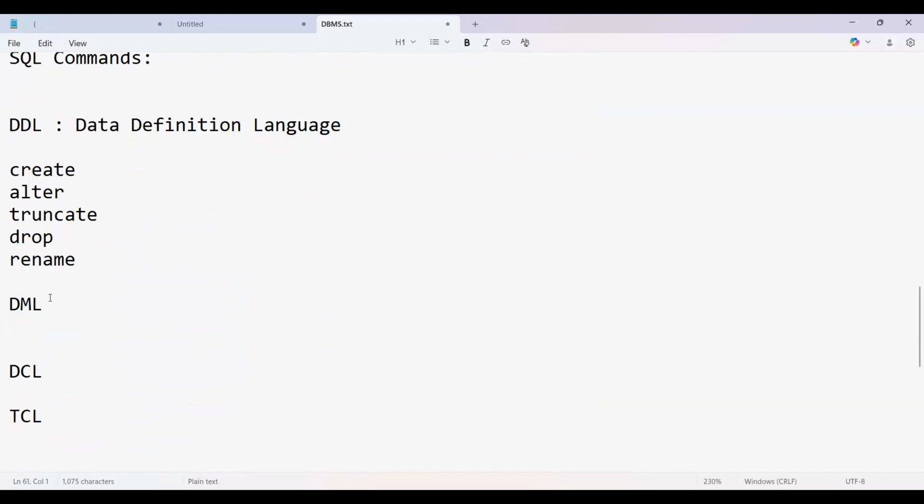Next one, DML. DML means data manipulation language.